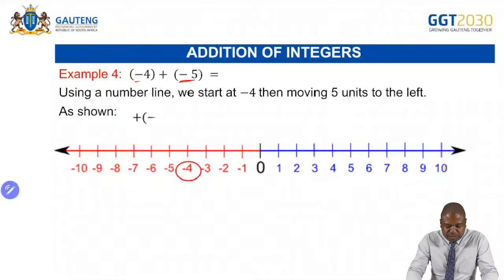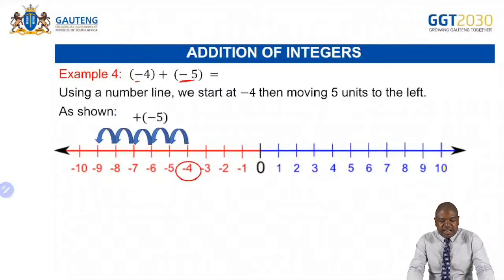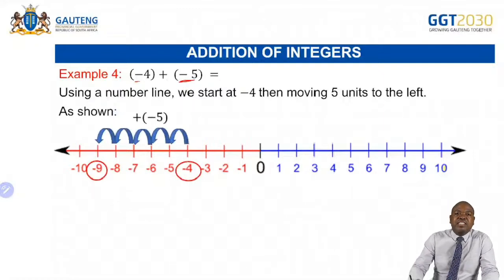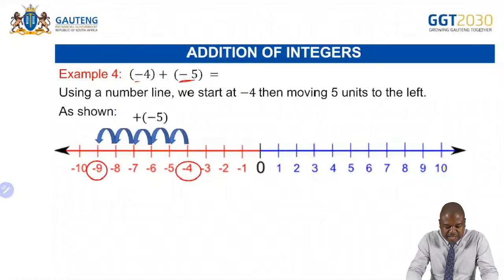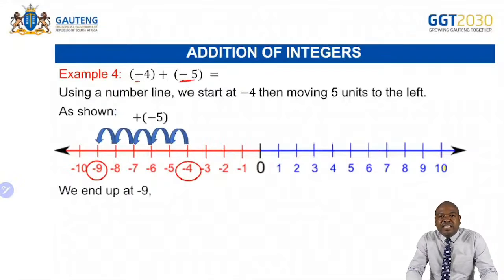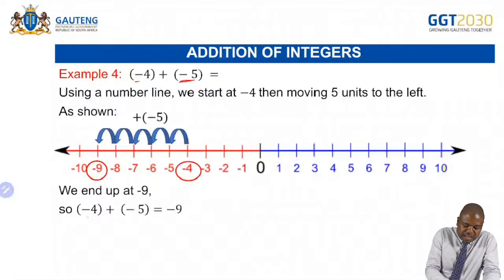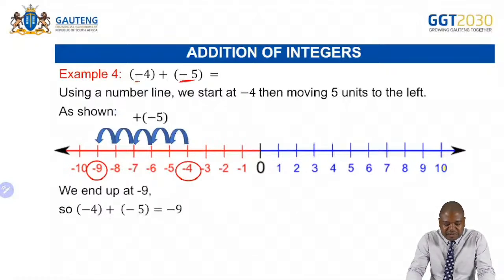So if we've got -4, then move 5 units to the left, what are we going to have? We are going to have -9. That will be our answer. So we end up at -9. In other words, -4 plus -5 is equal to -9.